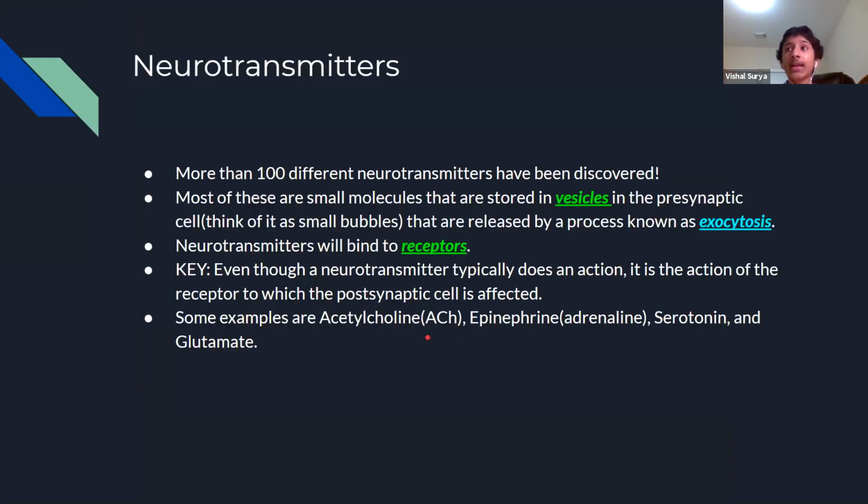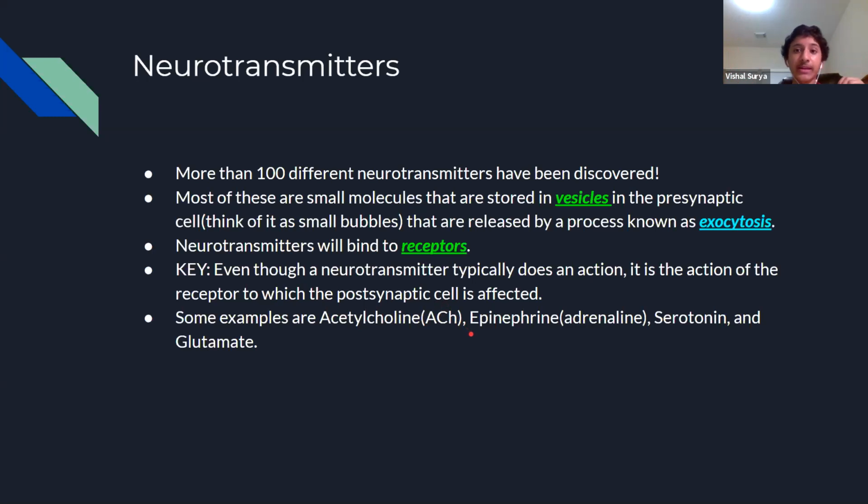Here's a really key thing about this. Even though a neurotransmitter typically does an action, for example, neurotransmitter A in most neurons will cause an effect of B, it is the action of the receptor by which the postsynaptic cell is affected. So if the receptor wasn't working, even if the neurotransmitter is released, no effect will occur, because the receptor is sort of like the relay that carries this information and causes an effect to happen in the next cell.